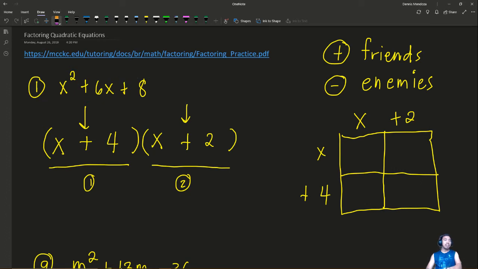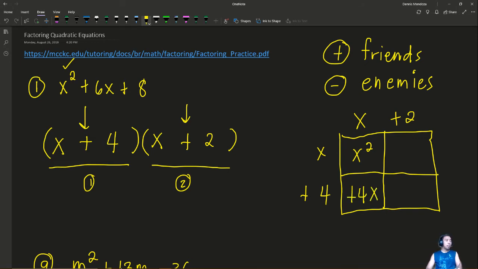Okay, so now x times x is positive x squared, so no problem here. It's just the same, right? And then next, 4x, so this is positive. So hold on. X times 4, okay, so positive 4 times x is positive 4x.